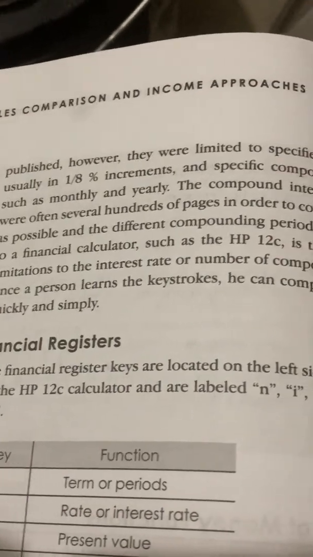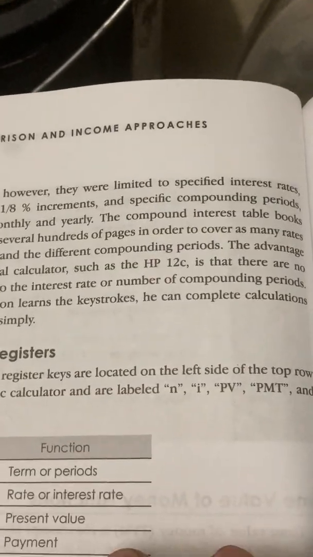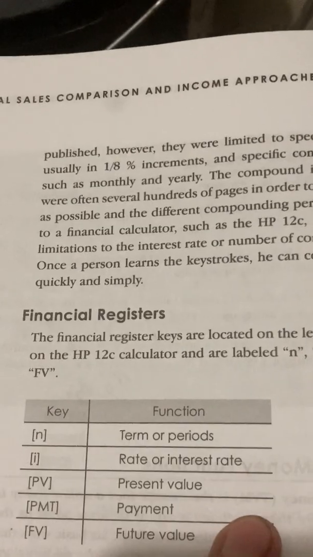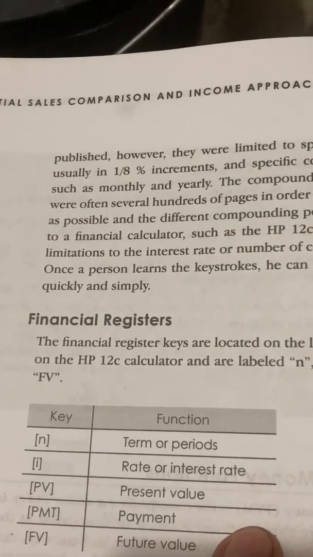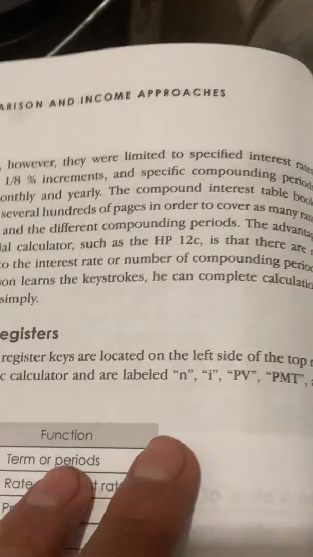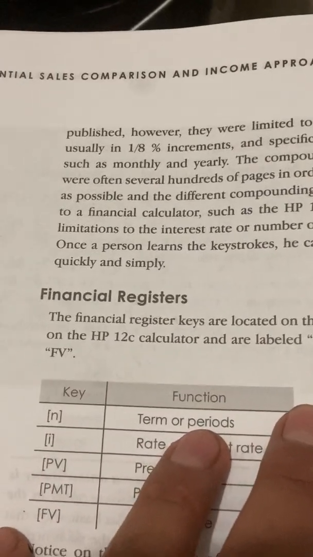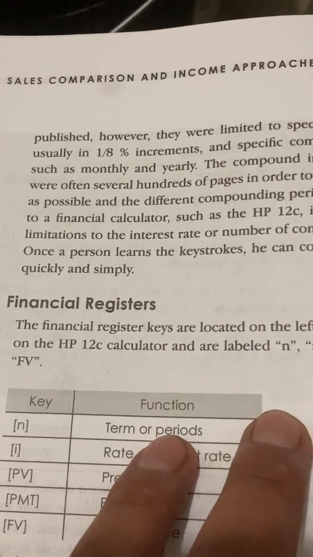Published. However, they were limited to specified interest rates, usually in 1/8% increments and specific compounding periods, such as monthly and yearly.